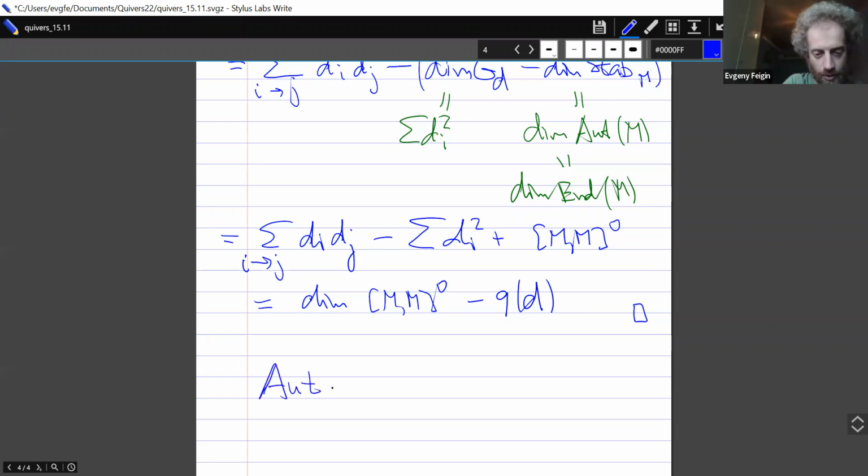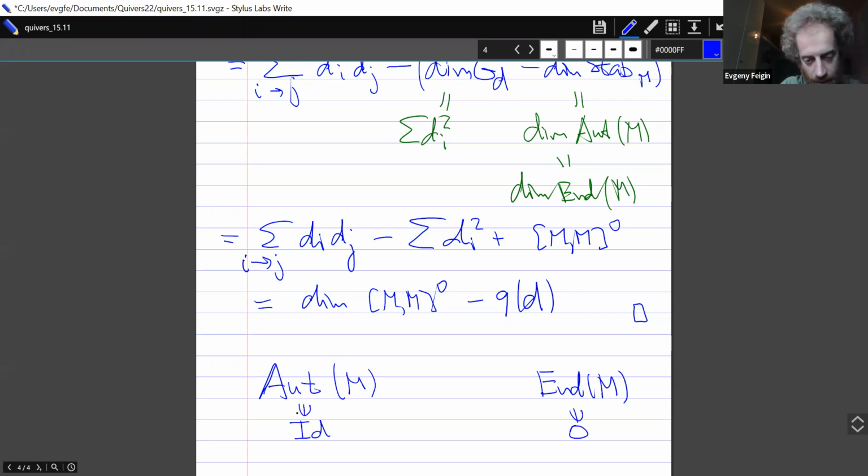So we take automorphisms of M, and we take endomorphisms of M. And what Dima is suggesting is that we can take zero here and the identity here.